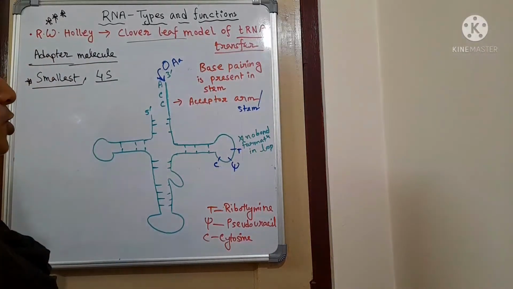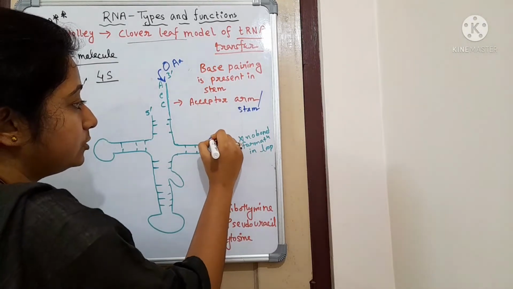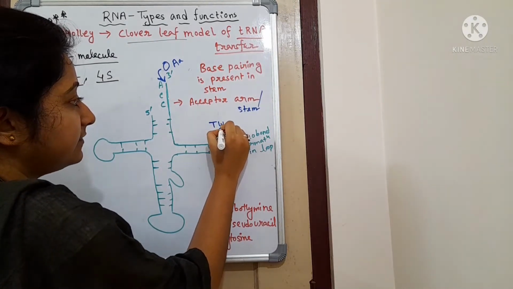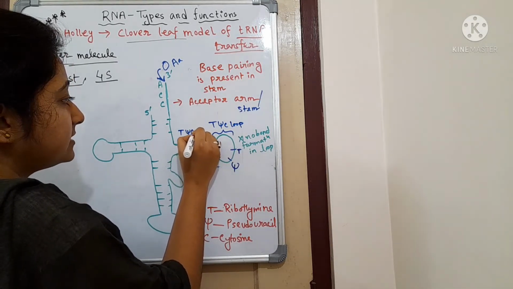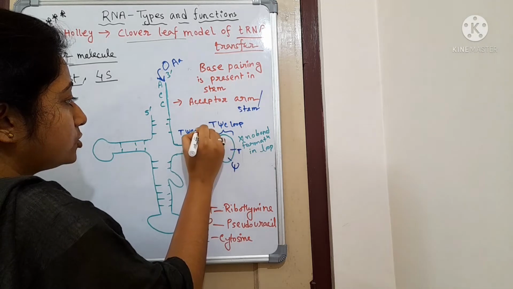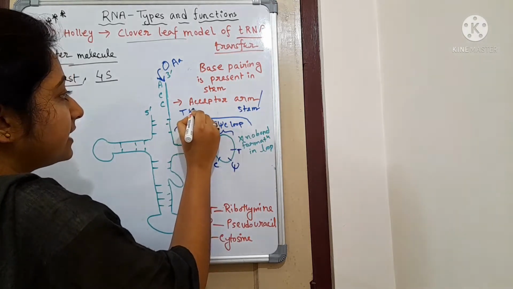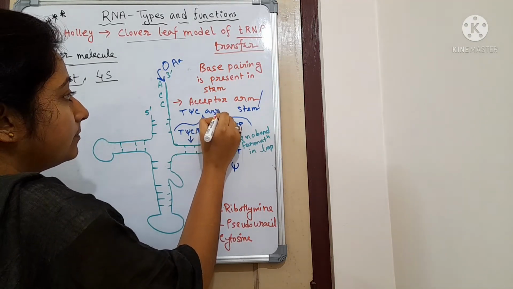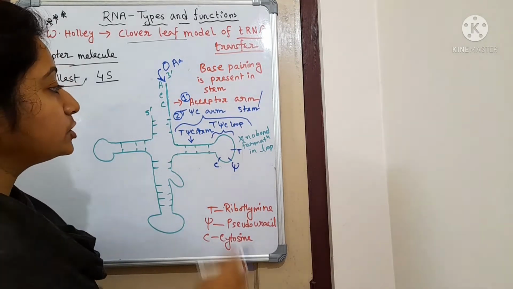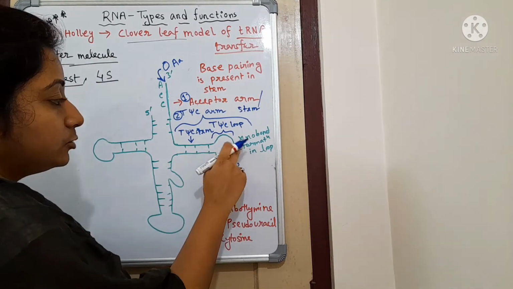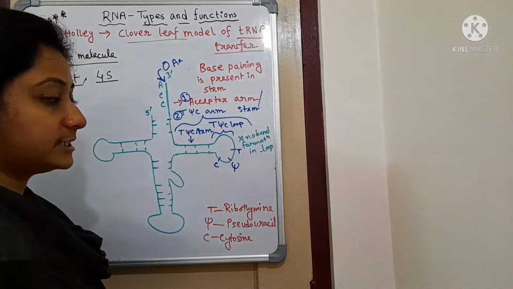That is why this loop is considered the TΨC loop, and this stem is considered the TΨC stem, and altogether this is the TΨC arm. So one is the acceptor arm, and number 2 is the TΨC arm, consisting of the TΨC stem and TΨC loop. In the TΨC loop, base pairing is absolutely absent.